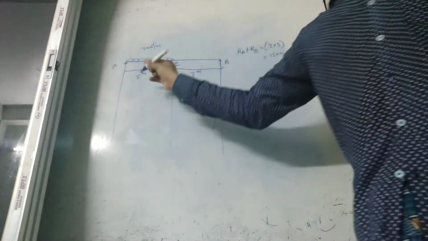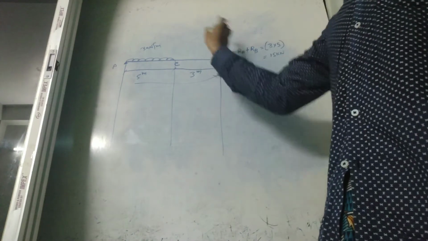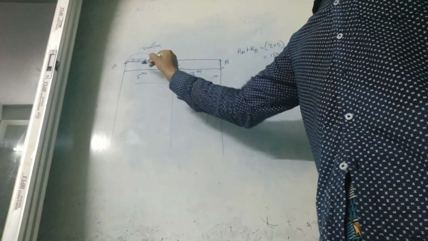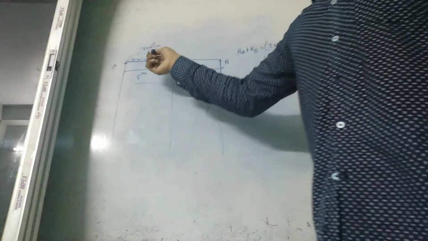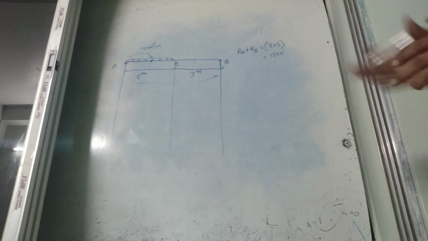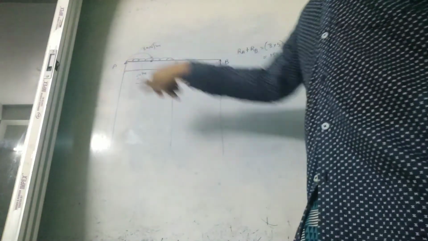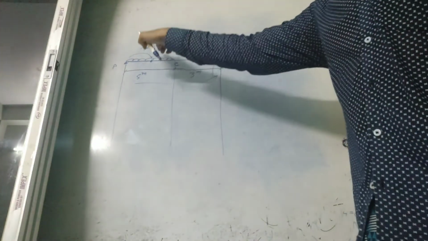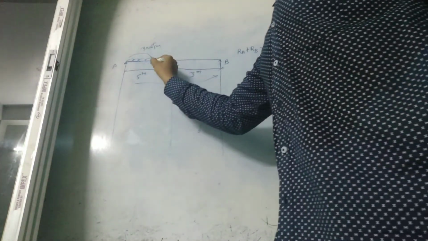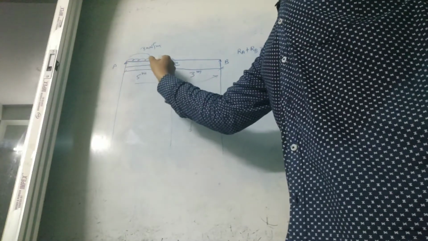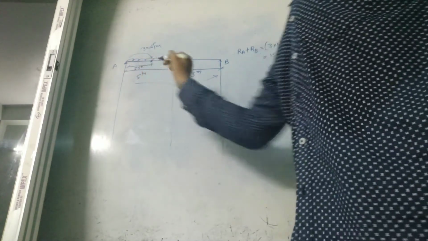Now we will go through the moment theory, that RB acting as anti-clockwise and the force of UDL, I told you in the last class that it will go through the middle point of the portion of acting of the UDL. Means if the portion AC is the total of UDL working, then it will go through the middle portion. Means that point is distancing 2.5 meter from A. Okay.